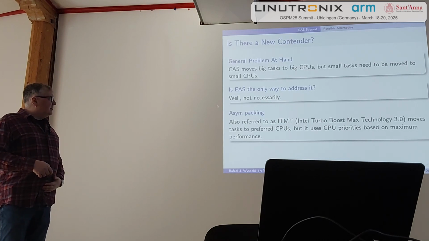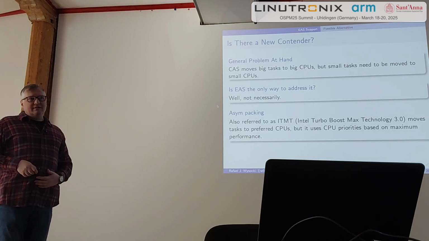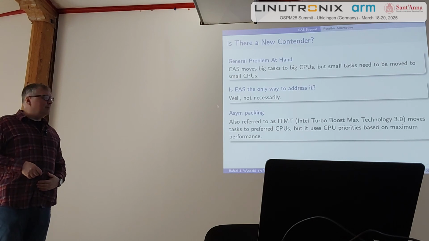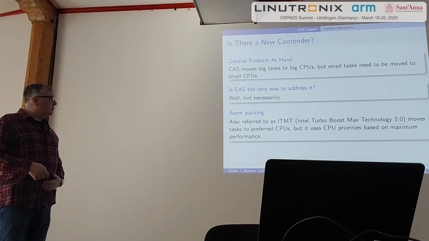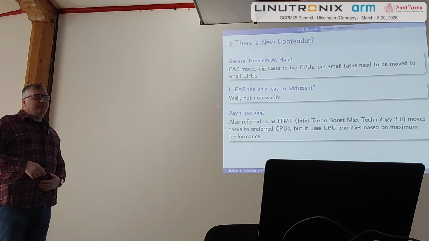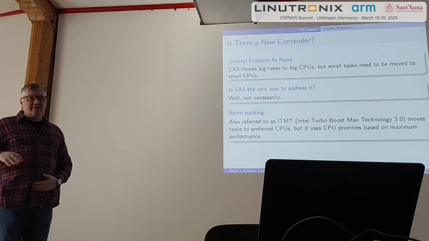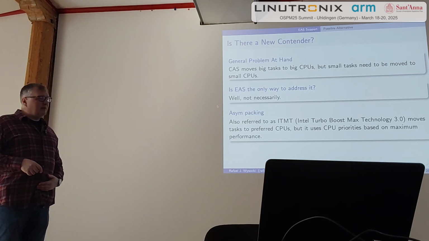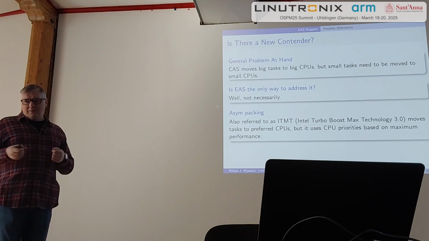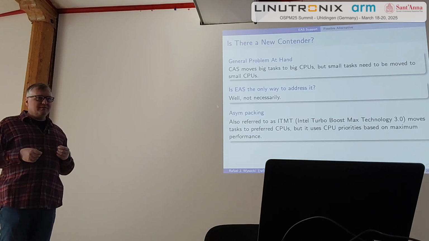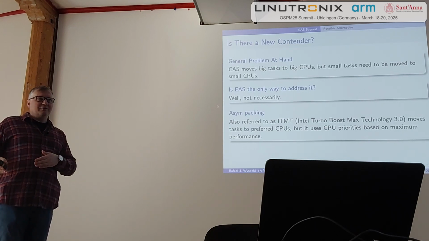I prefer the term asym packing because this is the technical thing. ITMT is basically asym packing with priorities based on performance. Today it works by pulling tasks from small CPUs to big CPUs, but it can be made to work the other way around.